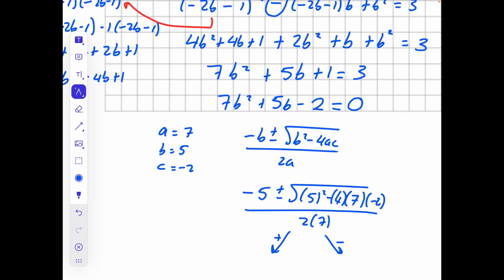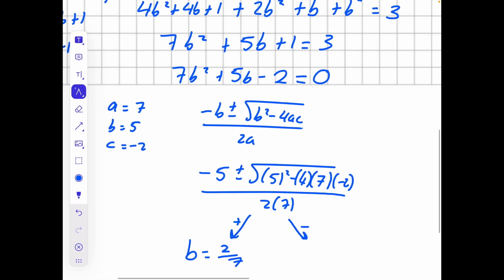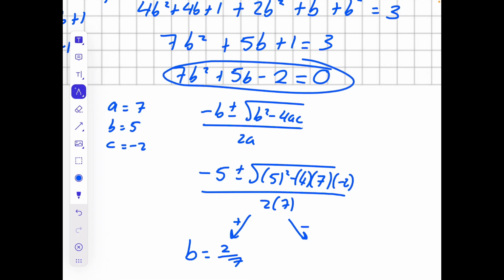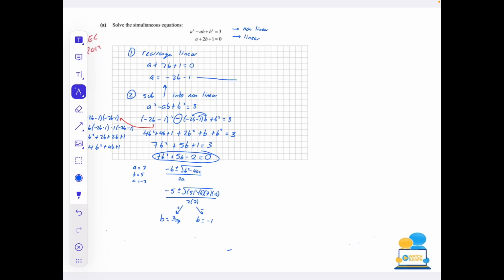And we will get out 2 over 7. So b is equal to 2 over 7. How do I know what letter? It's because in my quadratic I had b's. Or when I put the minus in front of the square root, I get b is equal to minus 1. Okay, so there are two of my answers.